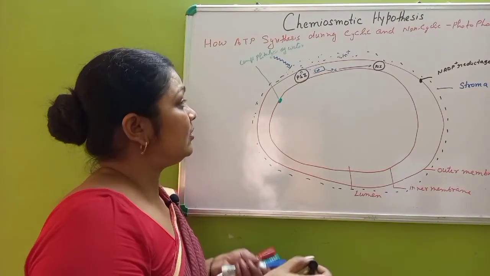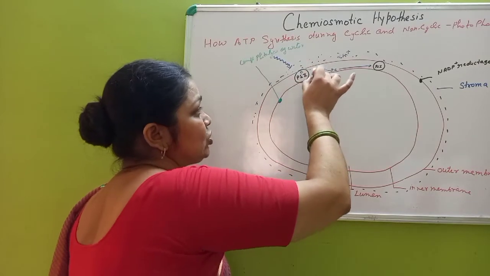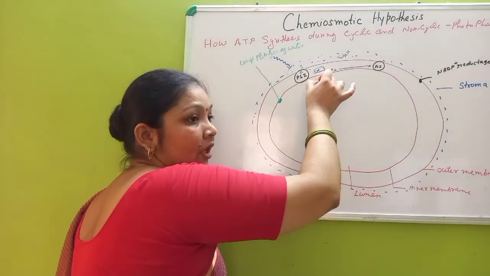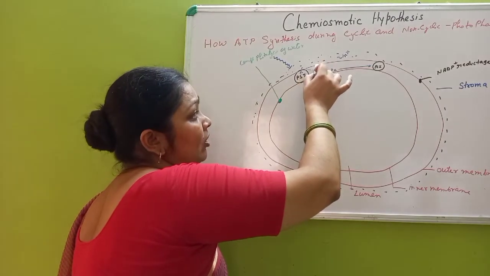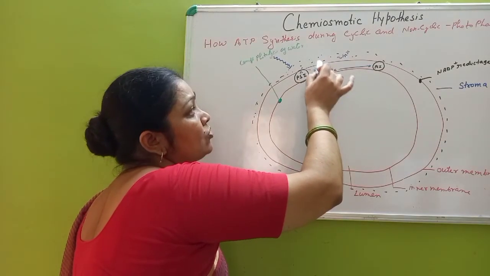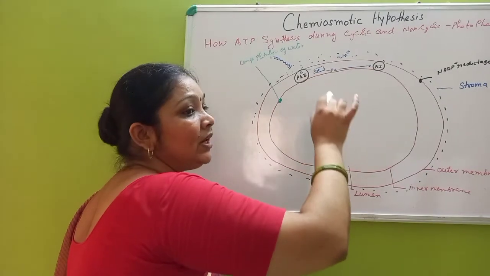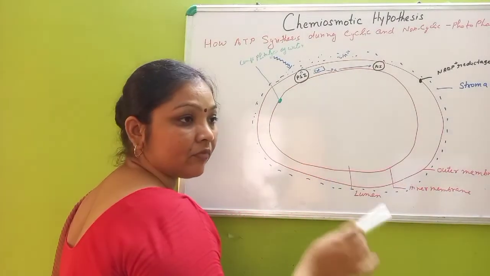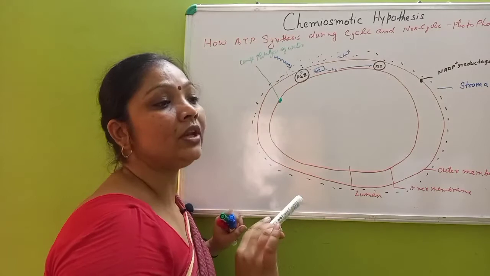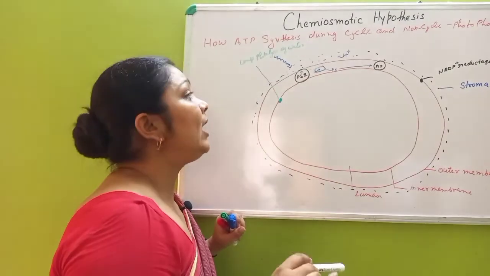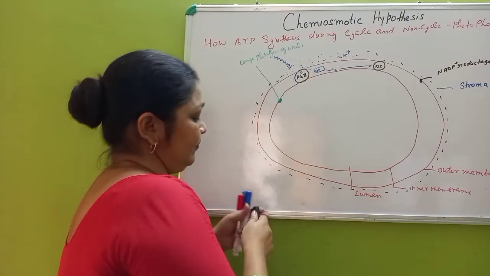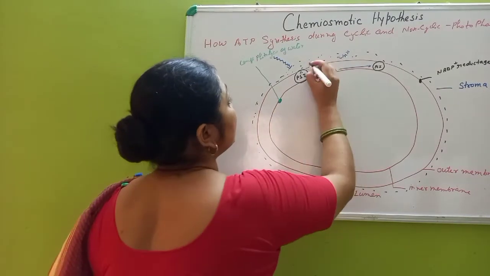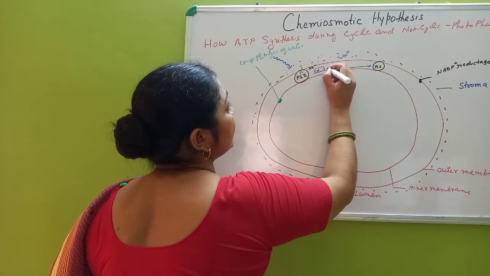So when the electron passes from cytochrome, what happened? The electron is going to release energy. Okay, it is going to release energy, and here is the pair of electrons.